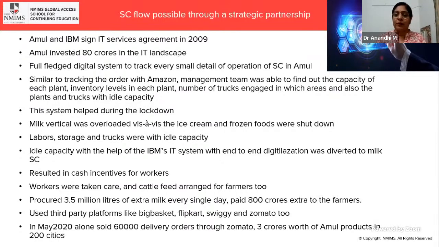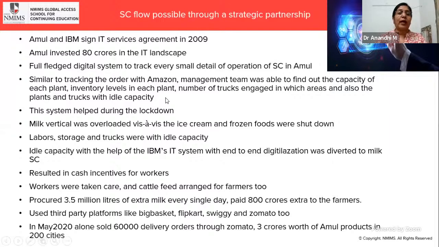Wherever the idle capacity is, and what should be the exact inventory level. So that was revealing that, and which long back they signed with IBM as an agreement. So they invested 80 crores then, and that was proving very good results during the pandemic time. So it was a full-fledged digital system, to track every small detail of operations in Amul's supply chain.